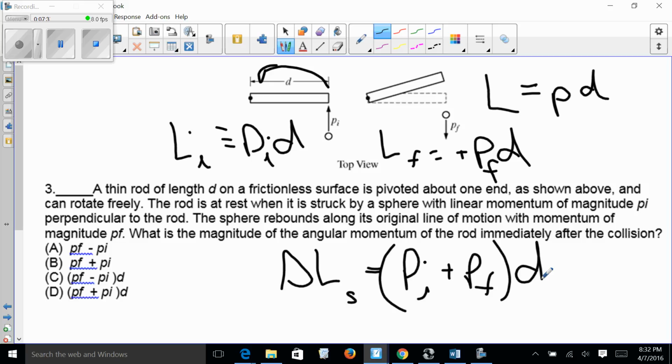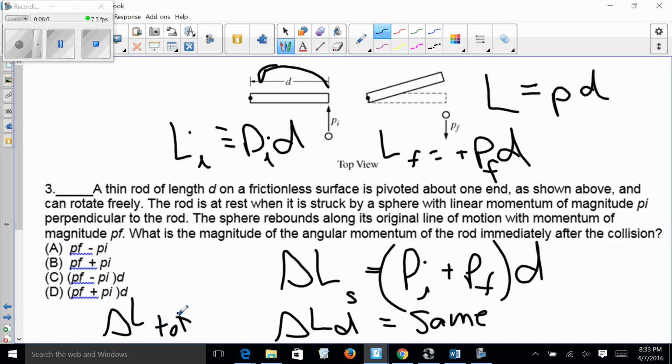Well, the initial's in the opposite direction, so minus a minus means PF plus PI times D. So in order for the total angular momentum of the system to be conserved, if the change in angular momentum of the sphere is PI plus PF times D, then the change in angular momentum of the disk has to be the same, right? Because the total change in angular momentum of the system has to be equal to 0. Law of conservation of angular momentum.